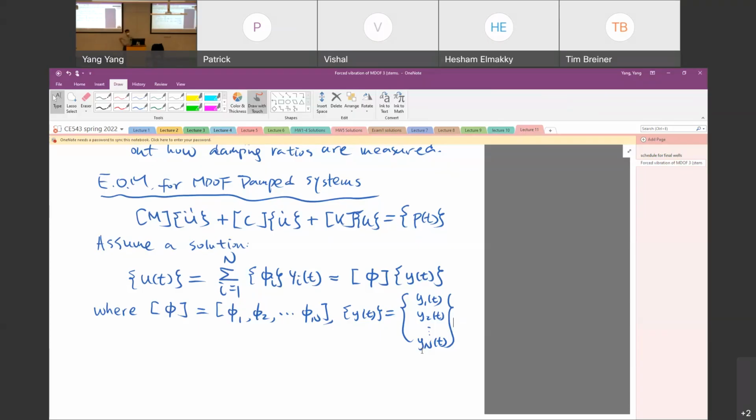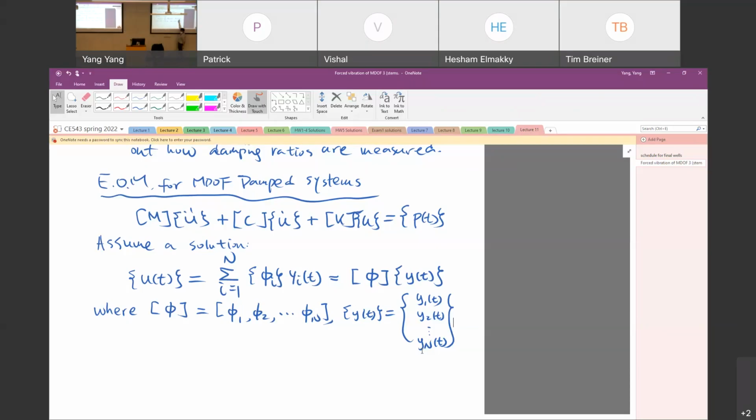Any questions? Yes? So y of t, those are time-dependent solutions? Yes, they are time dependent. y sub 1 through y sub n are all functions of time, because the force here is time dependent.